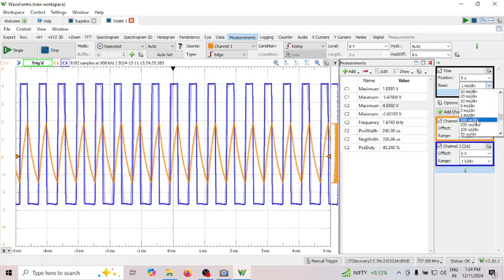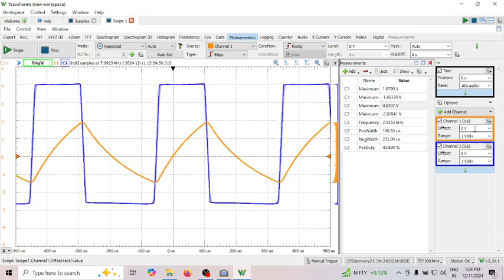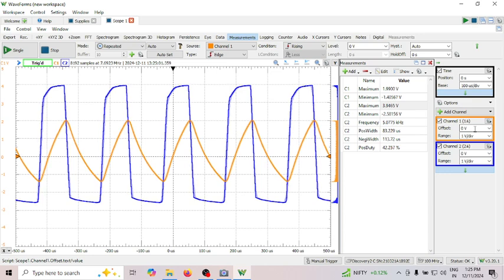If I make the frequency higher, you can see it has already started distorting. The frequency is hardly 5 kilohertz. You might have seen frequencies of 100 kilohertz, 200 kilohertz, but it is highly impossible using 741 because its slew rate is pretty bad.